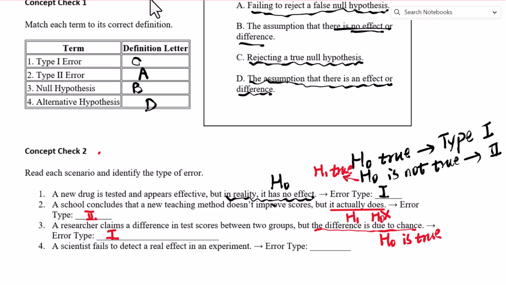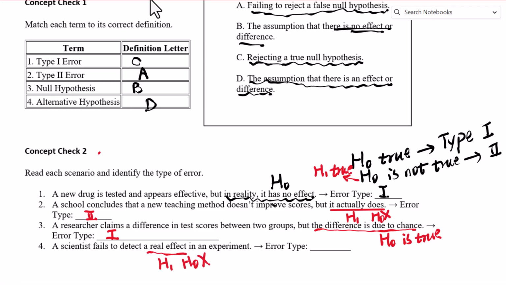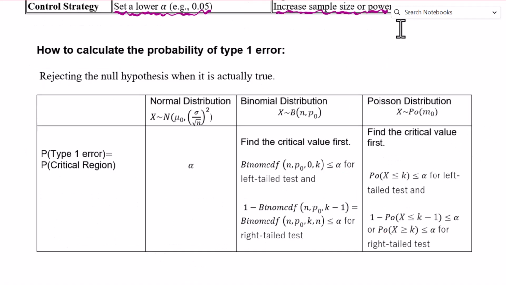A scientist fails to detect a real effect in an experiment. Real effect means H1 is true, so H0 is not true. Error type 2.